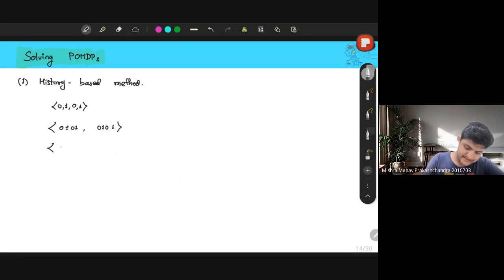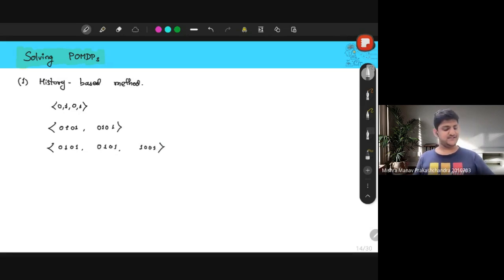Okay, third time step it becomes 0101, comma, and there's a comma of 1001. This is something that we had seen in the previous example as well. So you typically start by maintaining a history over these states, and then you operate the Q function, right? So let's say you operate the Q function over this, and let's say the actions that you take, you also mention that here.